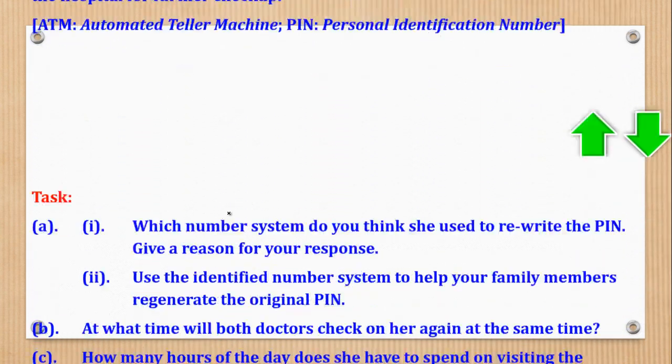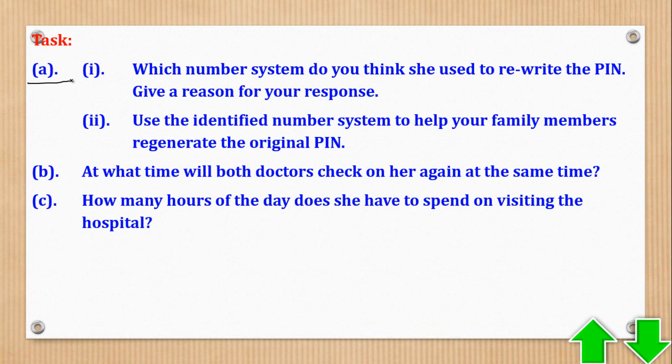Now tasks. Task A, Roman 1. Which number system do you think she used to rewrite the pin? Give a reason for your response. Roman 2. Use the identified number system to help your family member regenerate the original pin.